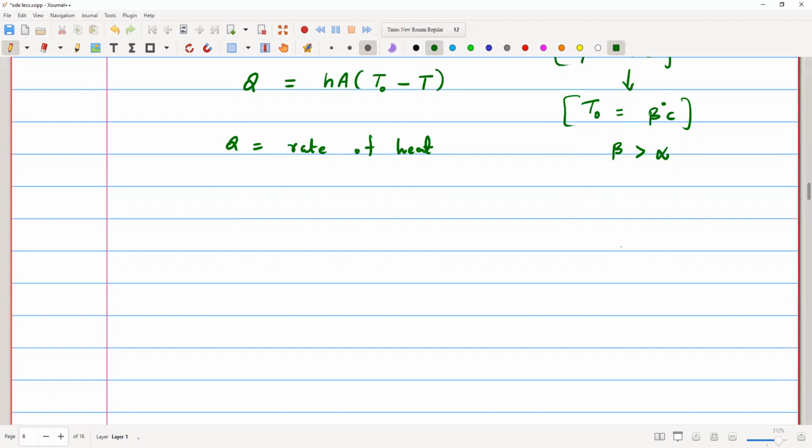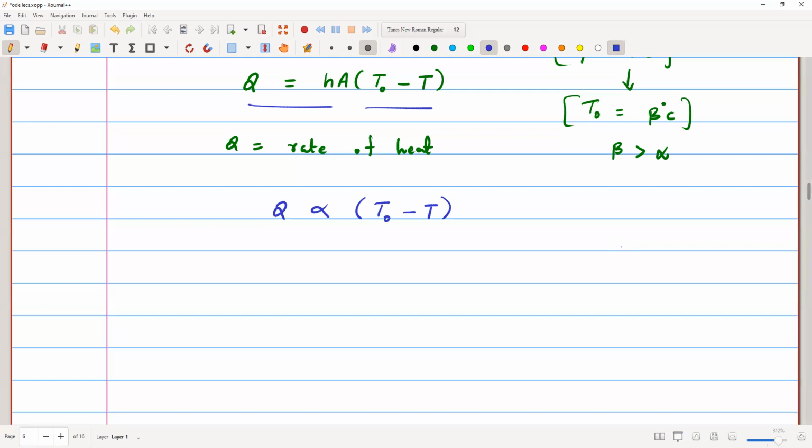Now this heat transfer phenomenon is given by the expression written here. The rate of heat transfer is equal to HA times (T naught minus T), or we can simply say this is directly proportional to the difference of these temperatures, right?